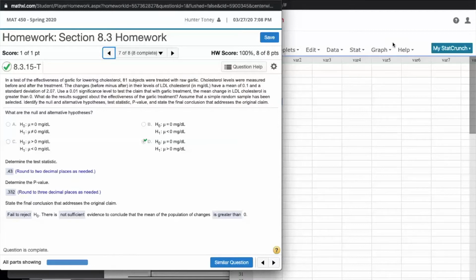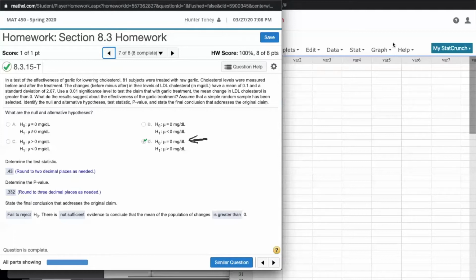And then assume that the sample is a simple random sample and identify the null and alternative hypotheses, our test statistic, our p-value, and state a final conclusion about the claim. So right off the bat, we're testing the effectiveness of garlic for all of these patients. So we're going to set up our hypotheses as our null hypothesis being mu equal to 0 because that's our threshold.